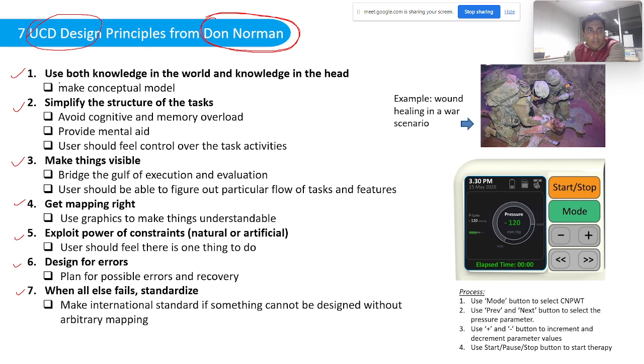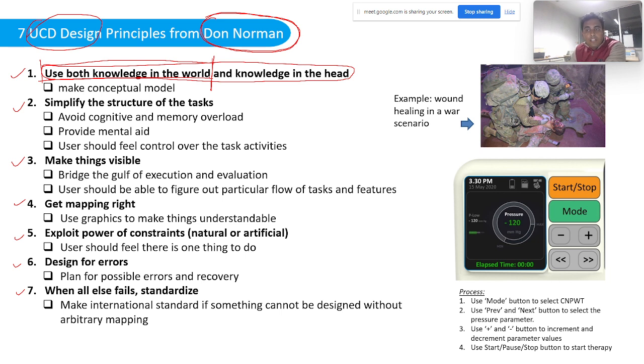So these seven principles include the use of both knowledge in the world and knowledge in the head. What do you mean by that? Whatever you see is not always correct.